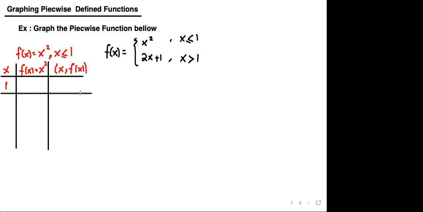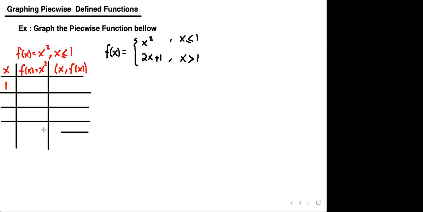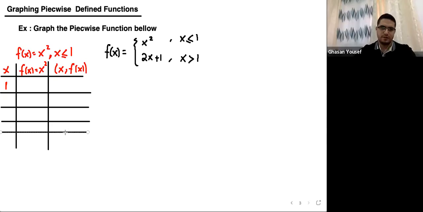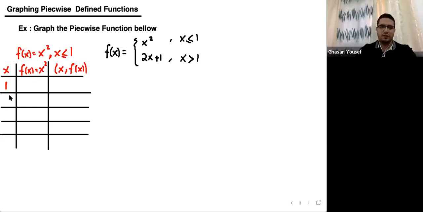Yes. It's going to be like a half parabola, right? Yeah, half parabola. Yes. Because less than 1, that's like half of it. Correct. 1, here 0, -1, -2, and all the points less than 1.